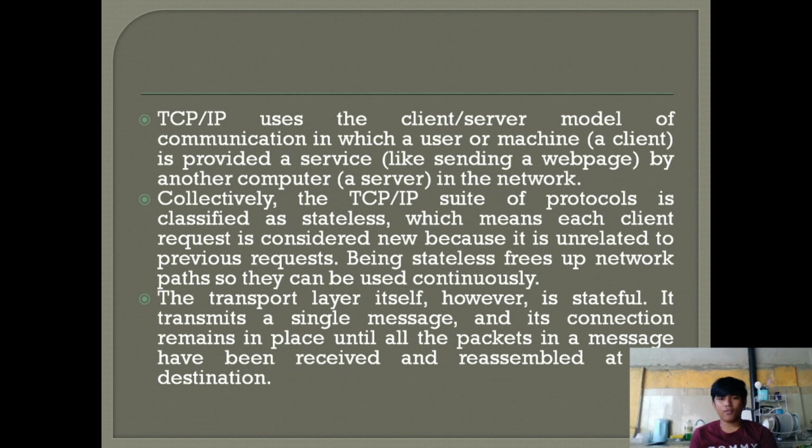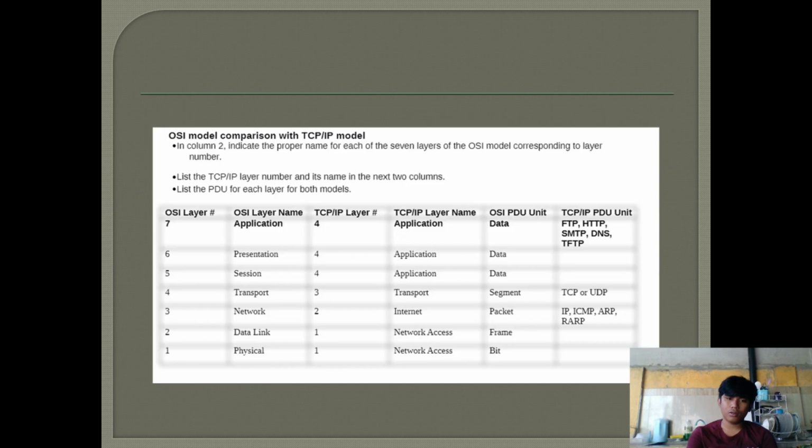Being stateless frees up network paths so they can be used continuously. The transport layer itself, however, is stateful. It transmits a single message, and its connection remains in place until all the packets in a message have been received and reassembled at the destination.